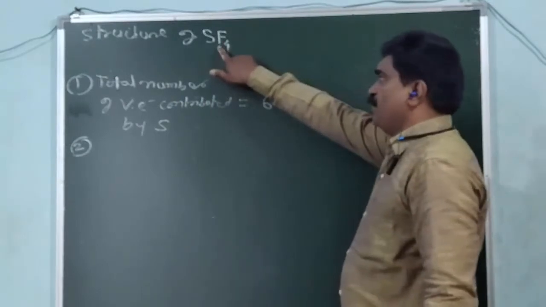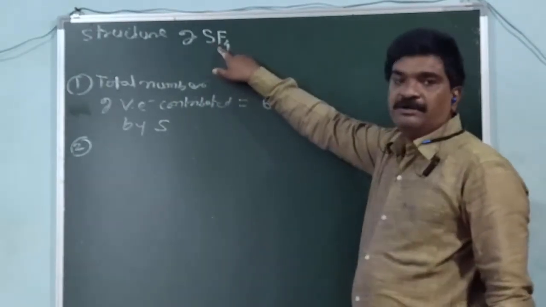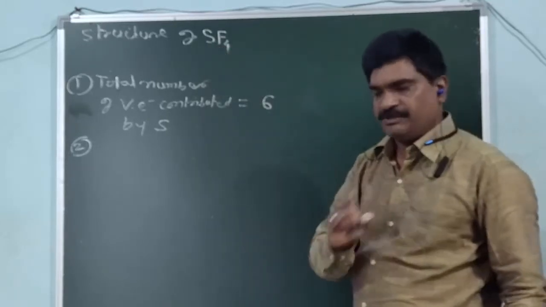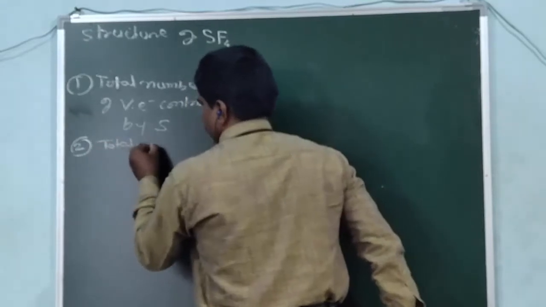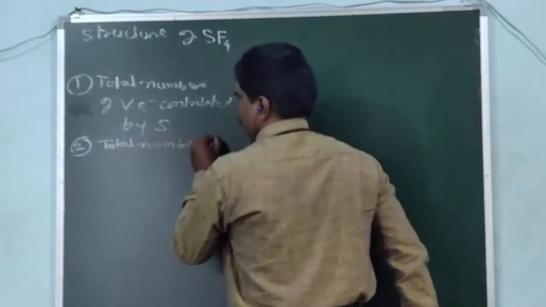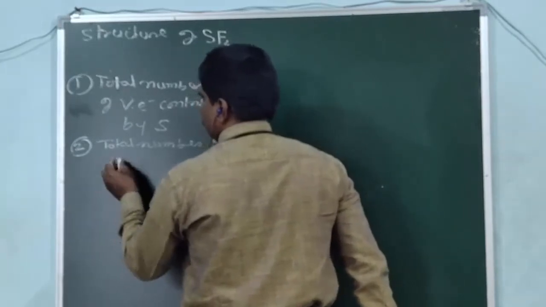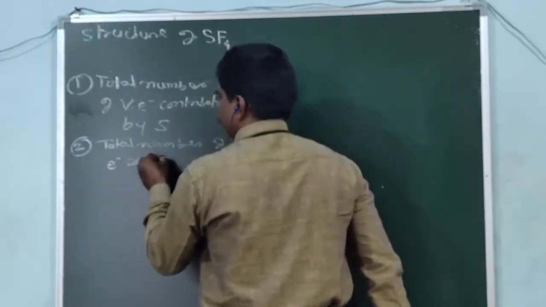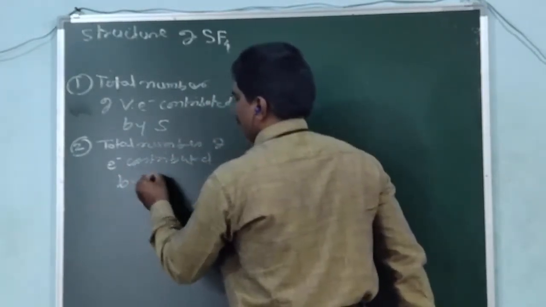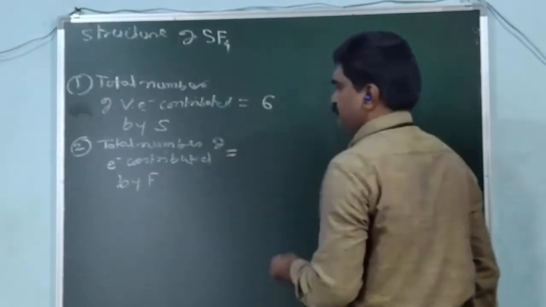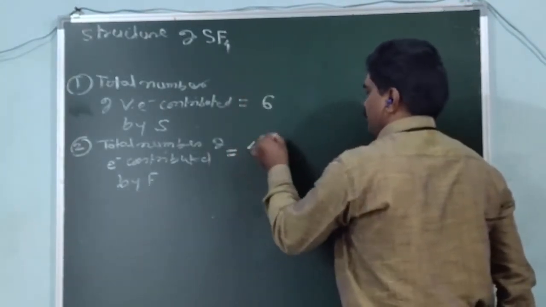Now each fluorine atom in SF4, to form an S-F bond, contributes 1 electron each. So the total number of electrons contributed by fluorine is equal to, so there are 4 fluorines, so 4 into 1.